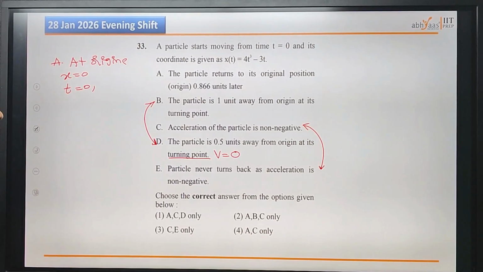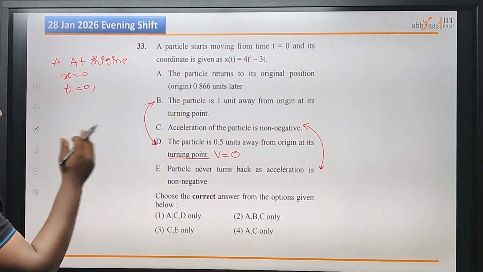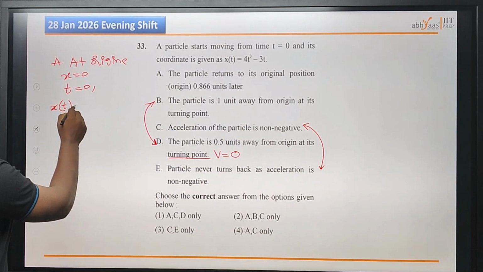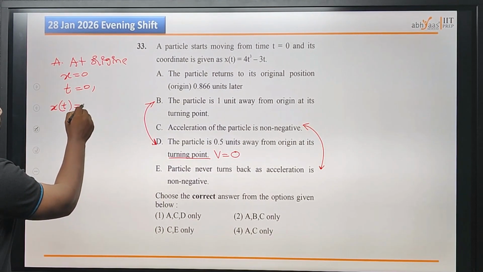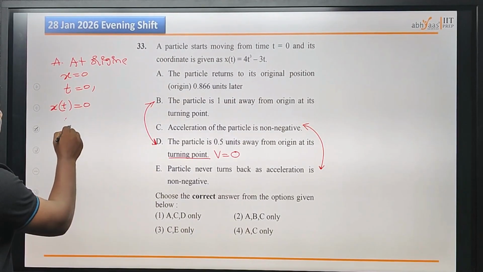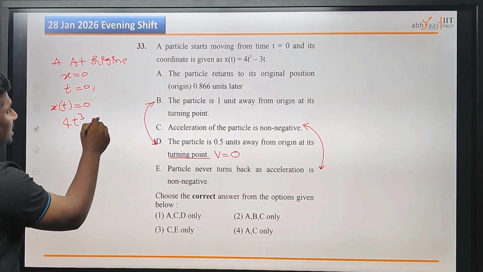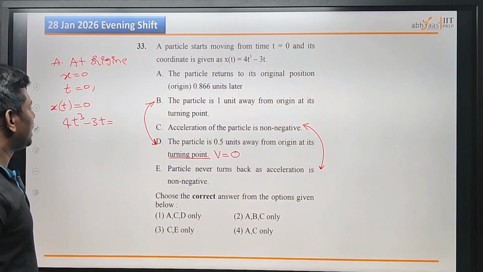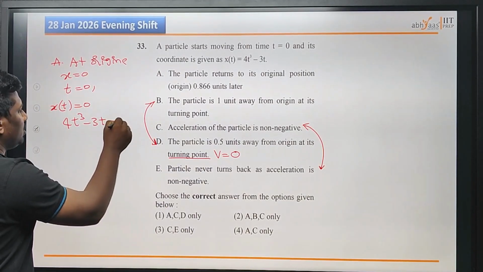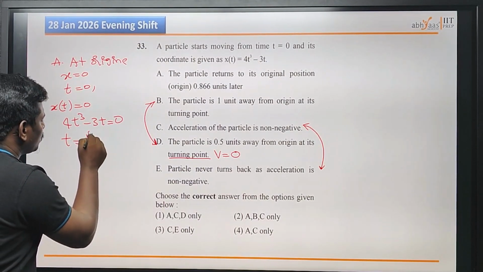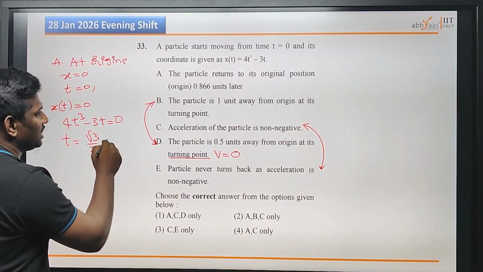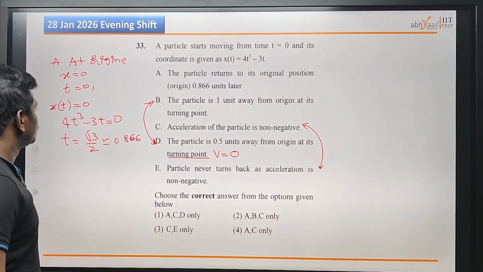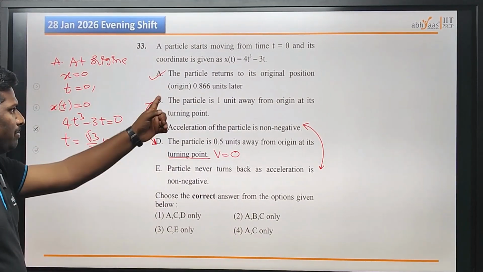When it is returning, x of t equals 0, so 4t cube minus 3t equals 0. So t can be written as root 3 by 2, which is nearly equal to 0.866 units. Option 1 is your right answer.